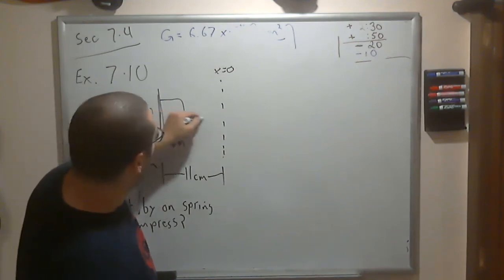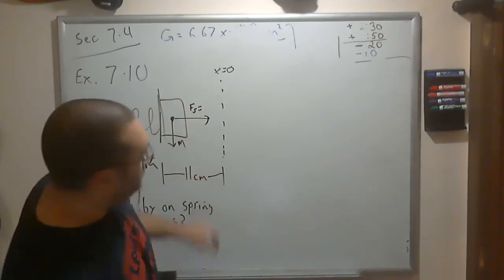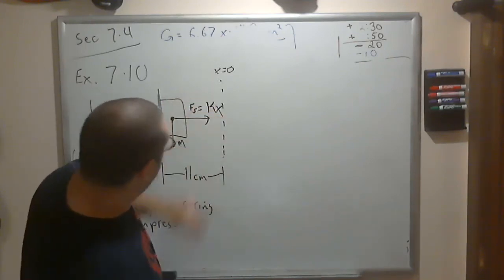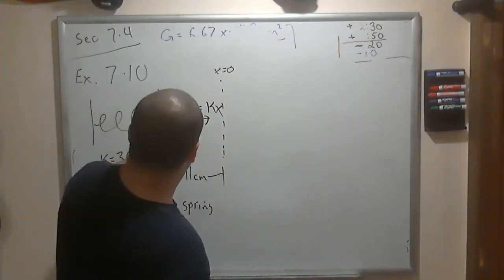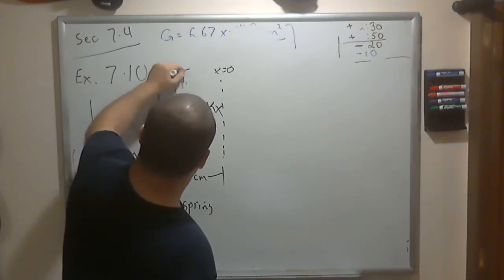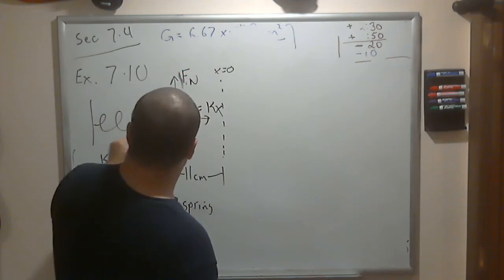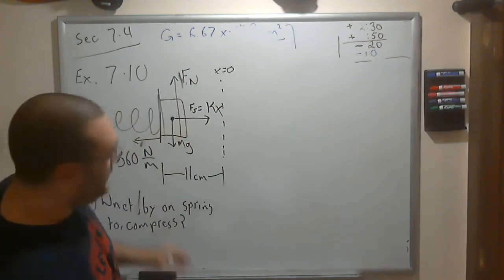At this point, there's an Fs, which is just equal to kx, right? There's the normal force, Fn, and then there's also a drag force, a frictional force. We'll call that Fd.